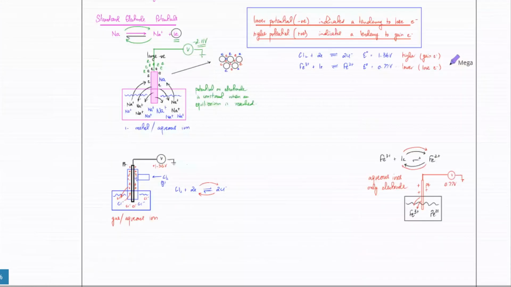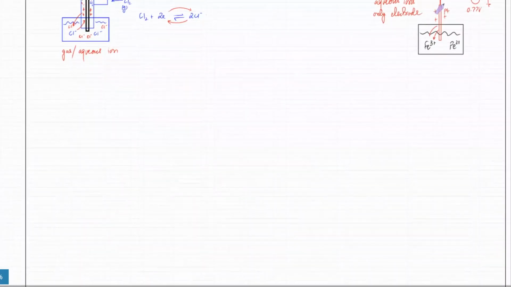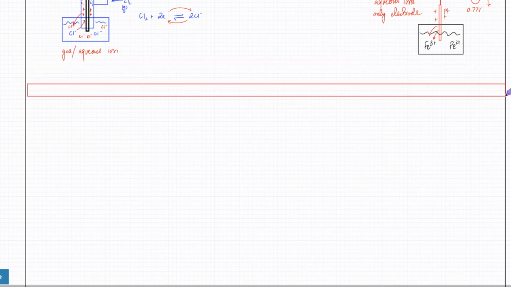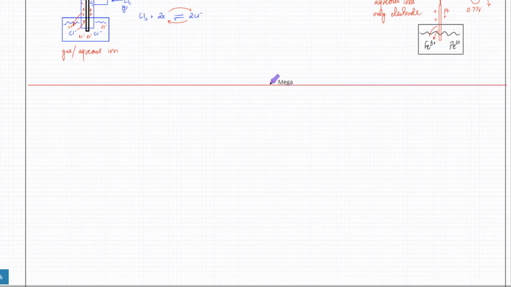So remember, there are going to be 3 types of electrodes. Now, we've understood the types of electrodes, so let's focus on drawing a bit. So here's the first thing.